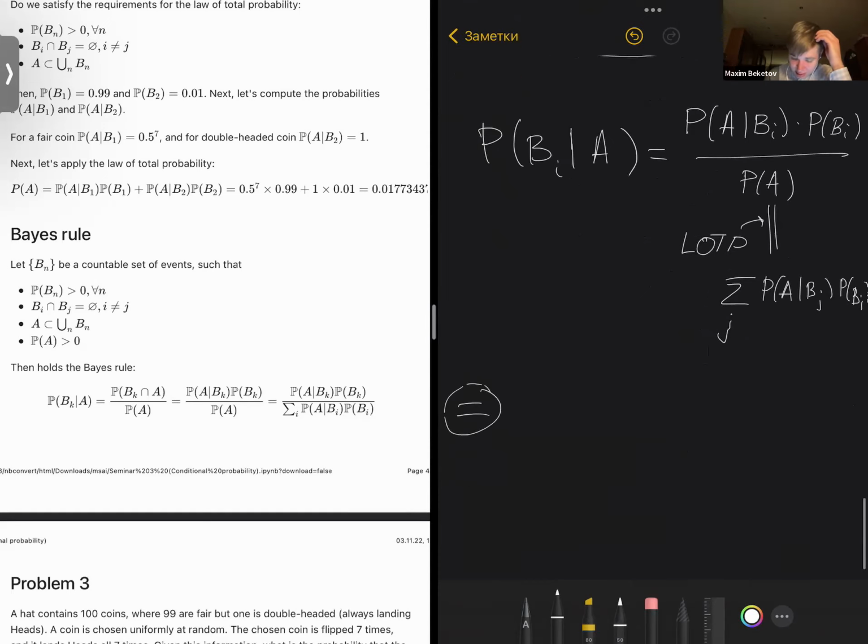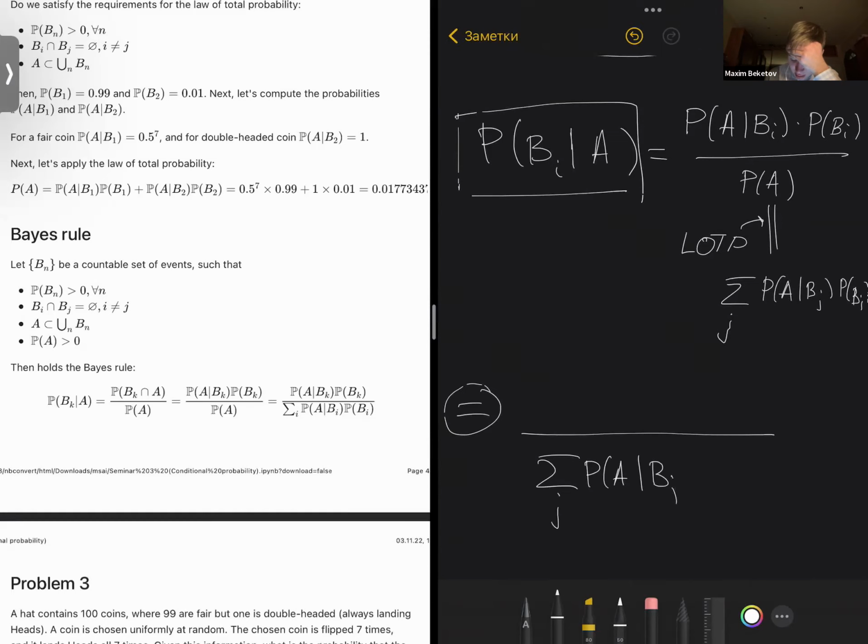The probability of a certain B given A is what? You have a fraction. In the denominator, you have a sum of all such things, P of A given a certain Bj times P of Bj.